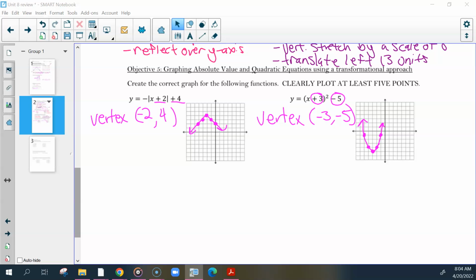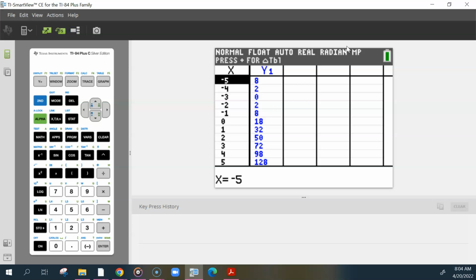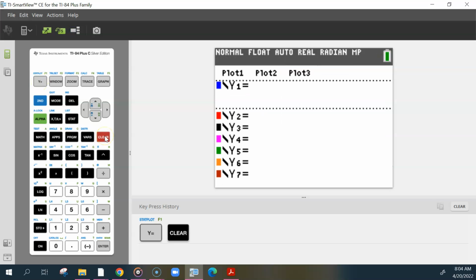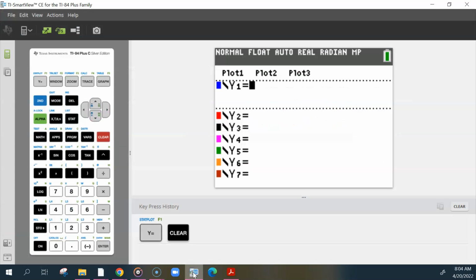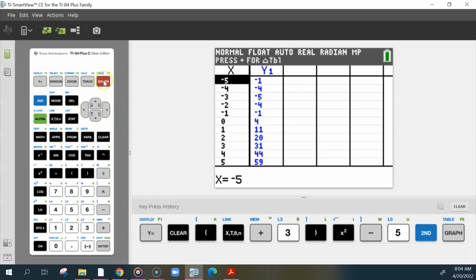You're talking about the second one, right? Go into your y equals. Put in that function, so x plus 3 squared minus 5, and go into your table. And then find the points that would match. So start at your vertex and then go up from there.